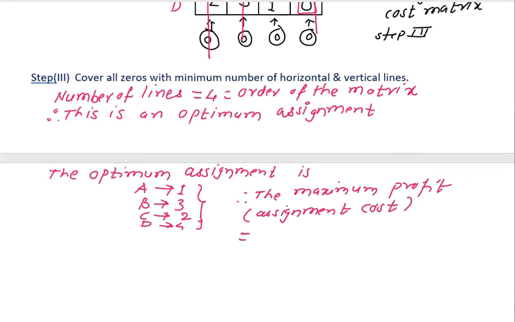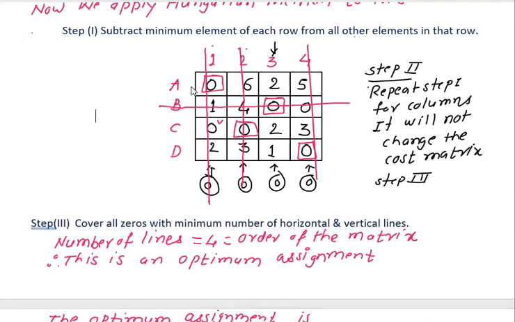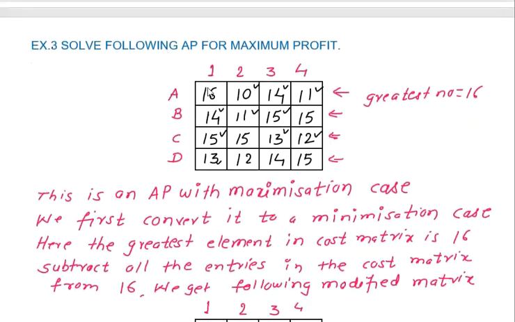Now we will take the costs from the original matrix. A is assigned with 1, so C11 in the original matrix is 16. Look at the number: 16 is the maximum in the first row. We are getting maximum profit.